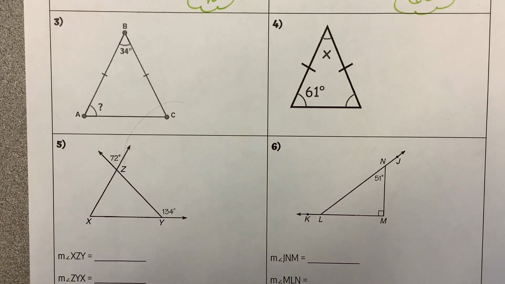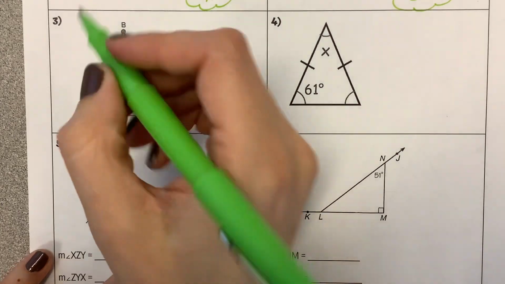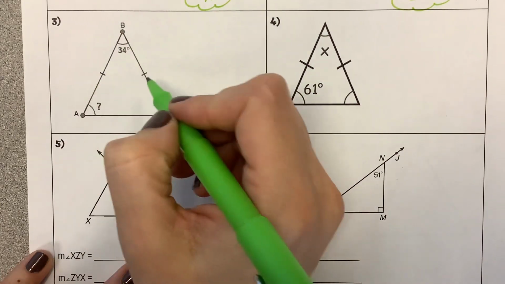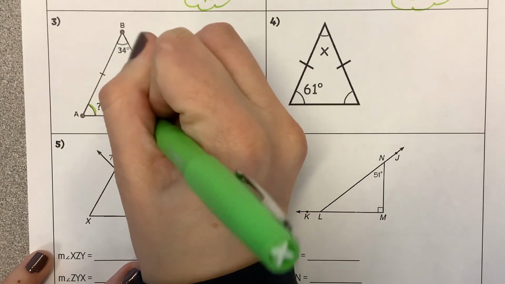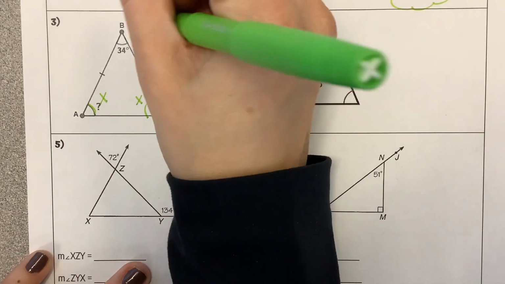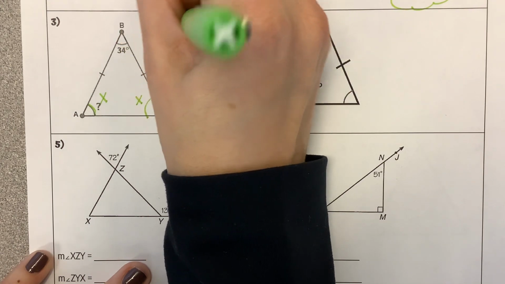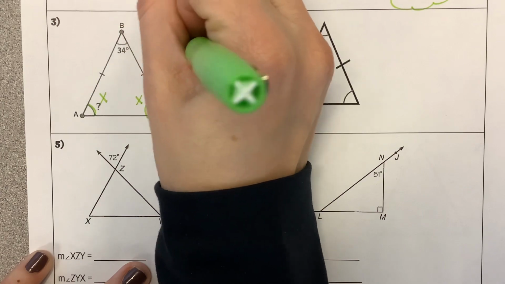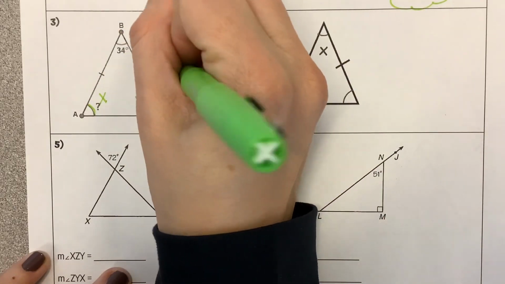Okay, number three. What's important to note here is that we have an isosceles triangle, which means that this angle x is the same as this angle x. So essentially, we have 180 minus the 34 is 144.